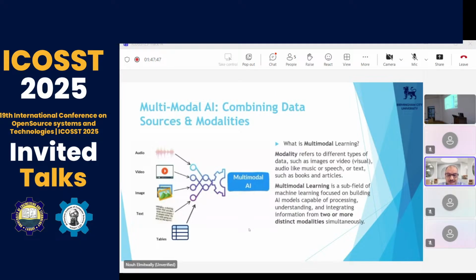So instead of just text or just images or just audio, AI can handle all of them, and even more complex data types like tables or videos. As you can see from this diagram, multimodal AI takes in audio, images, texts, and structured data from tables. There are many subfields, as you can see.